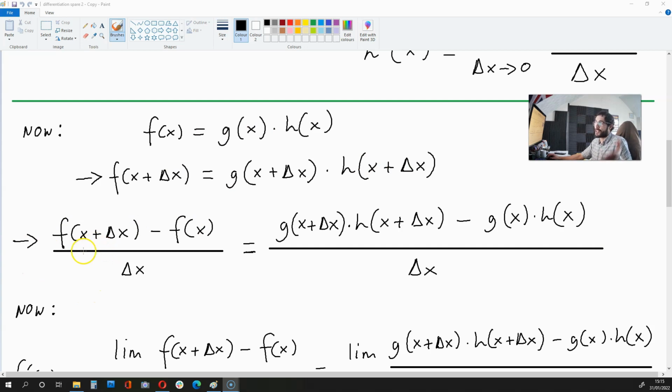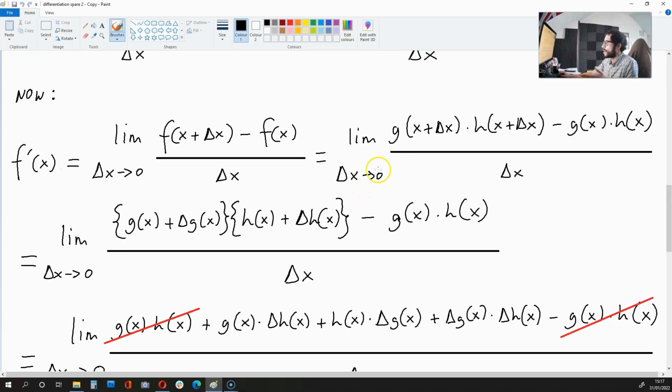So we've got f(x plus change in x) minus f(x) over change in x is equal to g(x plus change in x) times h(x plus change in x) minus g(x) times h(x) over change in x. So if this is true up here, and according to our definitions at the top, then this over here must also be true.